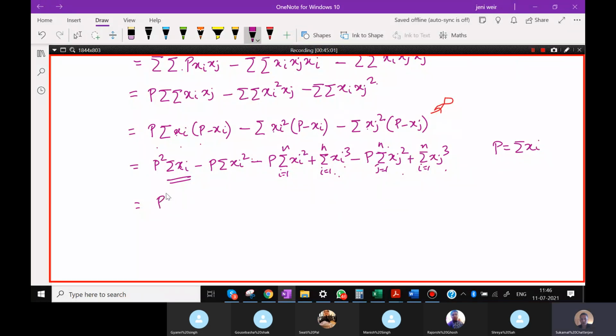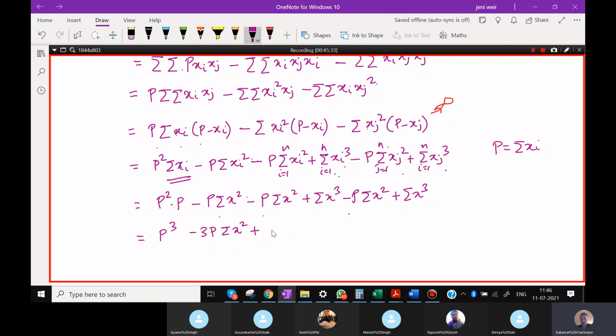So this becomes p square into p, minus p into the sum of x square, minus p into the sum of x square plus the sum of x cube, minus p into the sum of x square plus the sum of x cube. So that means this is equal to p cube minus 3p into the sum of x square plus 2 into the sum of x cube. So this is the sum that we have to find out.